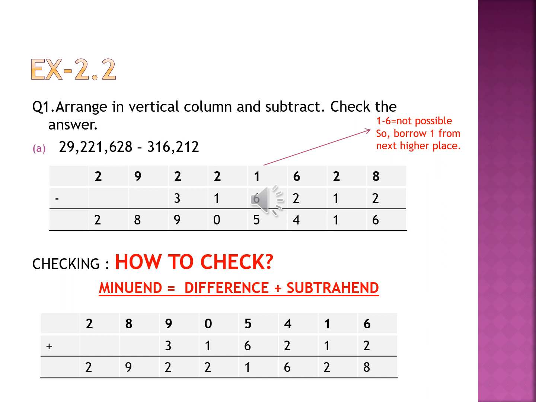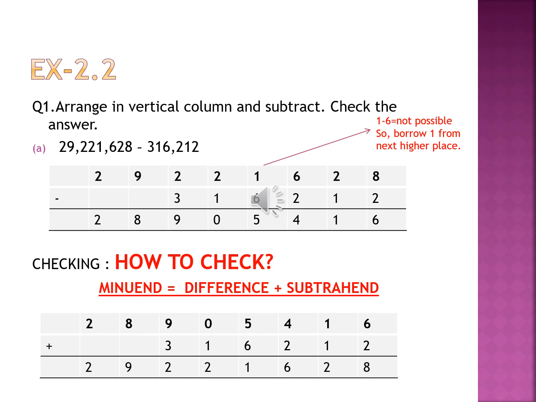Like in addition, first of all, we wrote the bigger digit numbers and then below that we have written the smaller digit numbers. But in subtraction, this is not the case. You cannot change the order of minuend and subtrahend. Also, you know that the smaller number is always subtracted from a bigger number. So you cannot write bigger number below the smaller number.